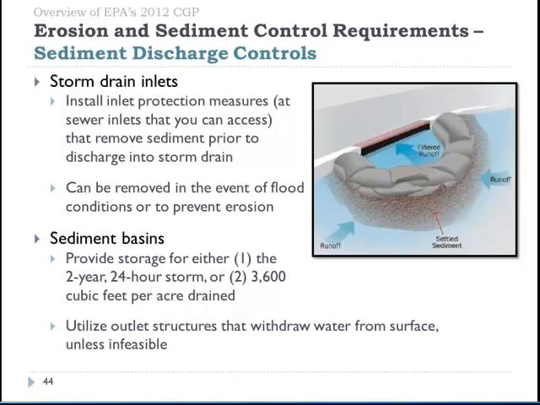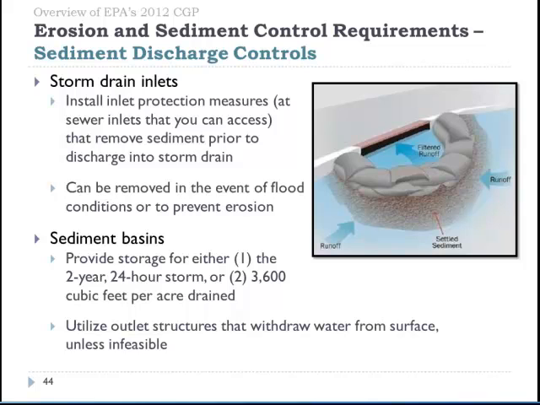And where you can access those inlets, there's a requirement to install protection measures that remove sediment prior to entering the drain. And the exception to this is if that specific drain sewer is connected to some other device like a stormwater pond, which is designed to treat water that goes into the sewer inlet.